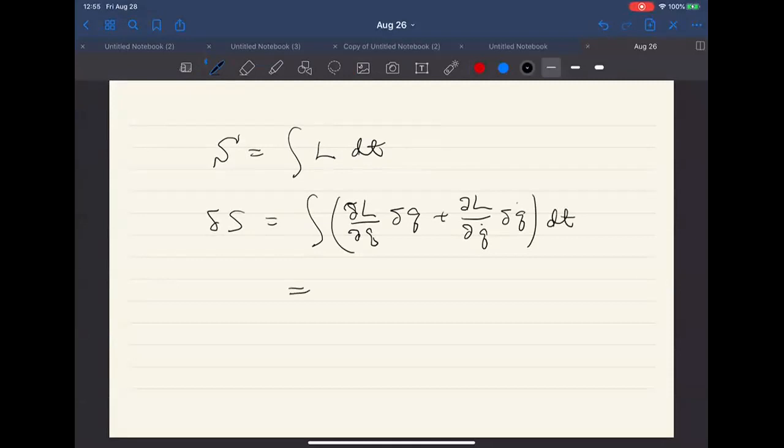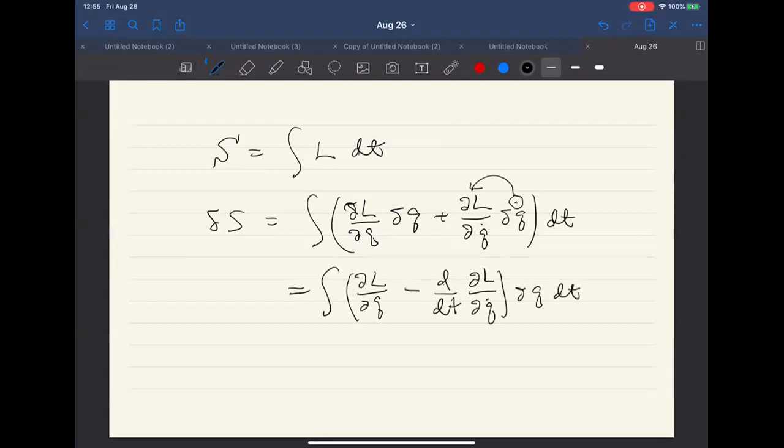Then you use integration by parts to make this dot act on the first term, plus the surface term between initial and final time. And keeping the boundaries fixed, you demand the thing inside has to be 0. And that's the way you get the Euler-Lagrange equation.